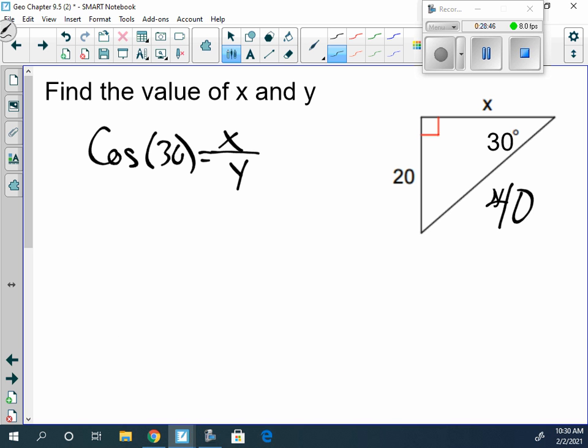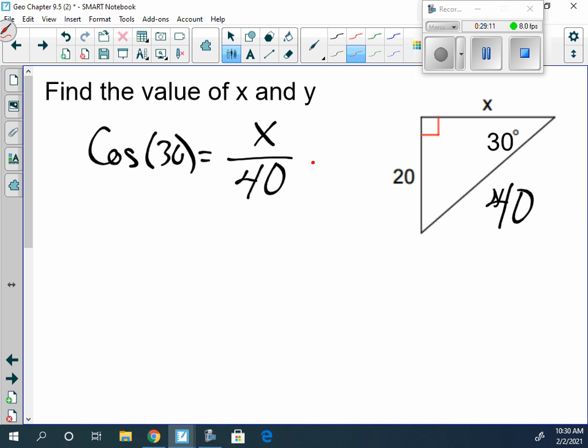Y is 40. Wait a minute, because when we started this problem, we started off with cosine is equal to x over y, yes? Now I'm going to erase the whole thing, because I can replace y with 40. Now can we solve for x? Yes.